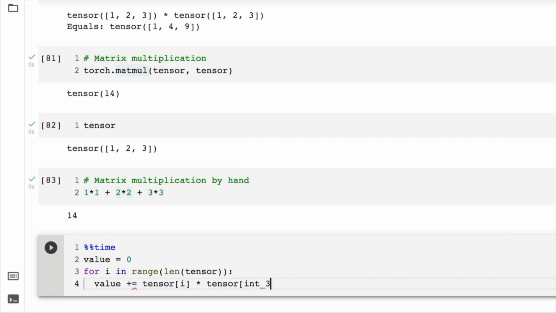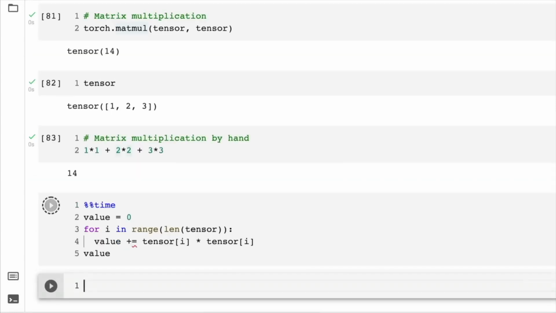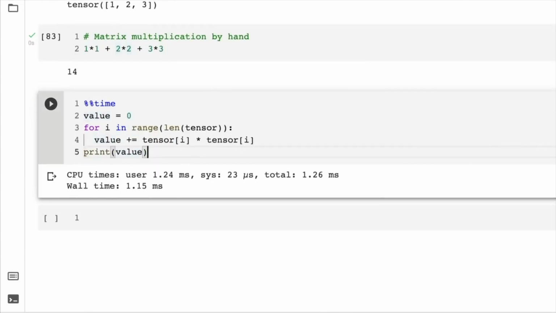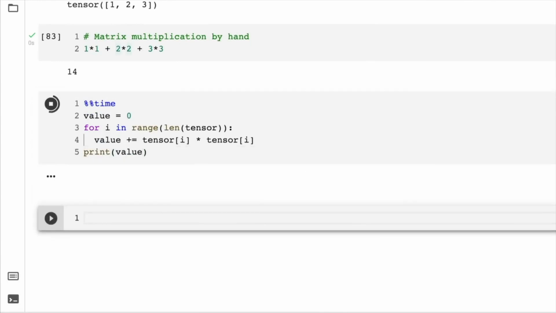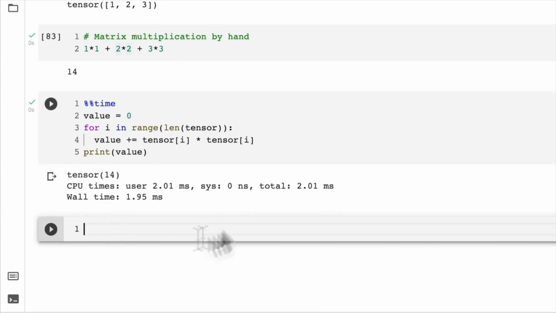And then how long is this going to take? Let's now return the value. We should get 14. Print 14, there we go. So 1.9 milliseconds on whatever CPU that Google Colab is using behind the scenes.